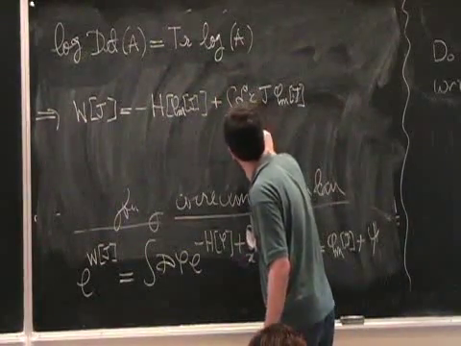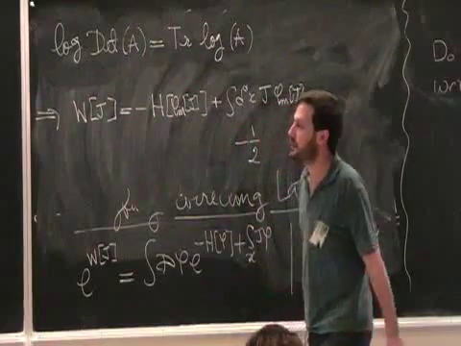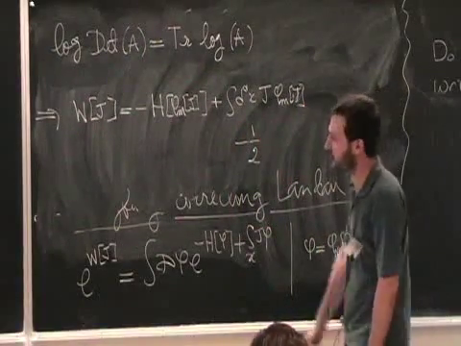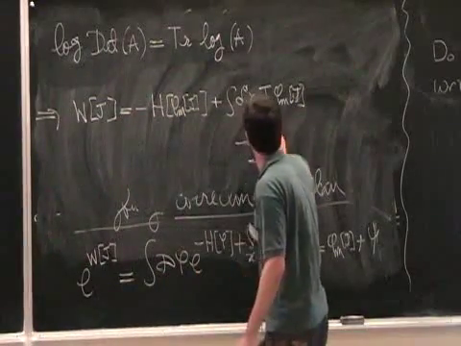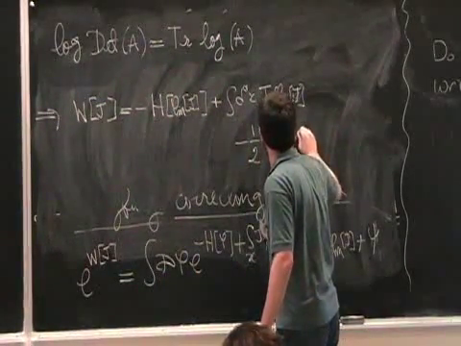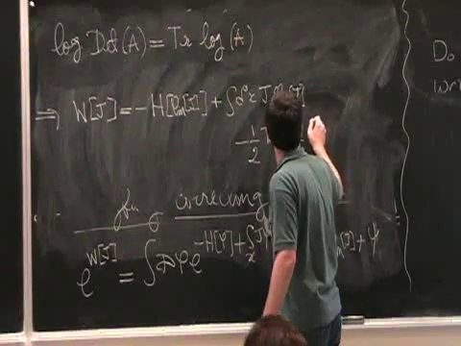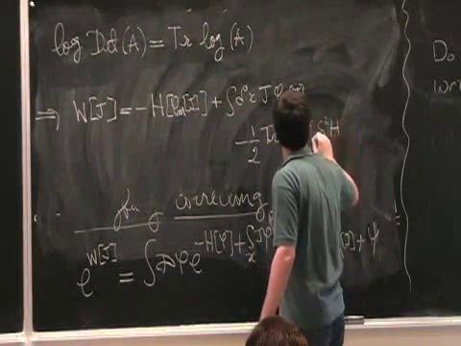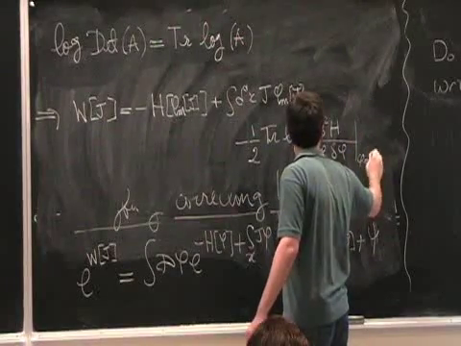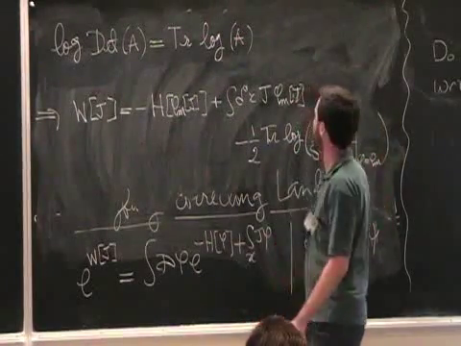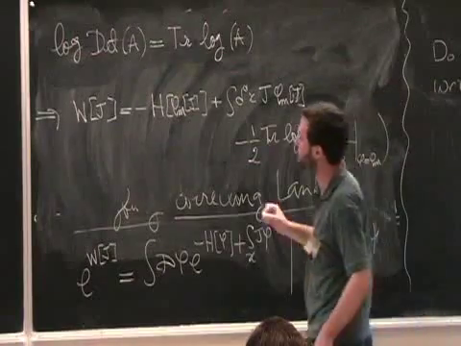It is important not to forget the minus 1/2 that appears here in the exponent, and after that the trace of the logarithm of the second derivative of h. Okay, this is one.